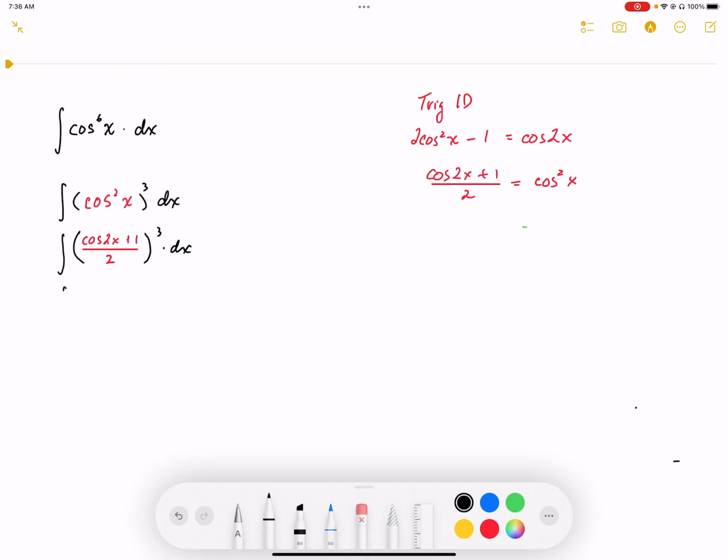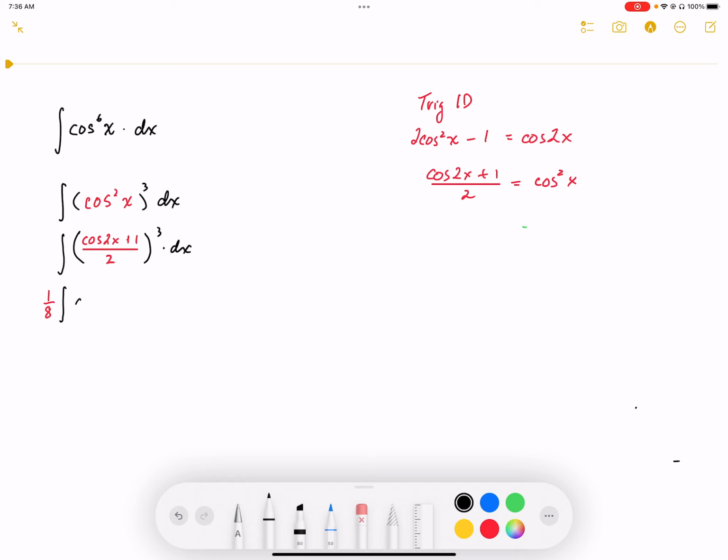So when I cube that expression, I'm going to cube the 1/2. So I'm just going to take that outside here as 1 over 8. And then when I expand the cos 2x plus 1, I'm going to use a binomial cubic expansion. So the coefficients are 1, 3, 3, 1.